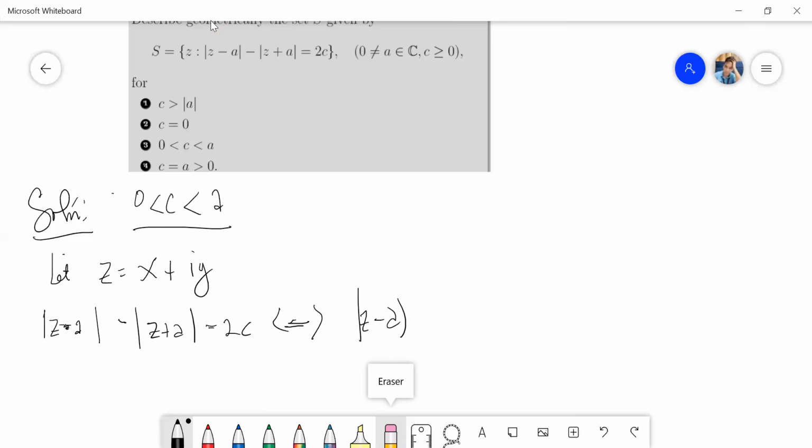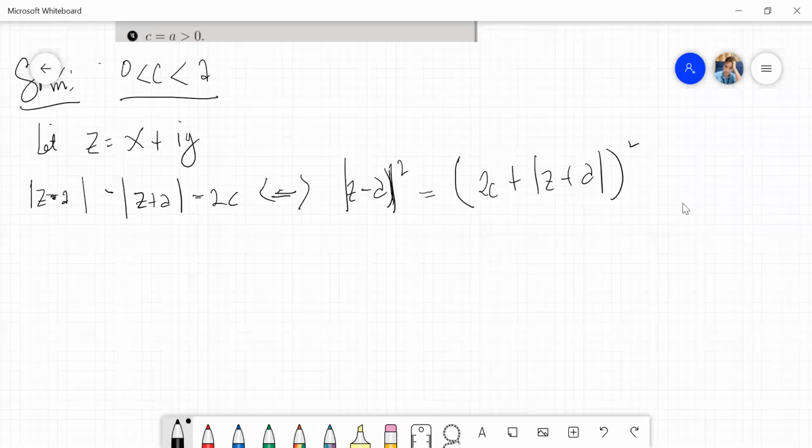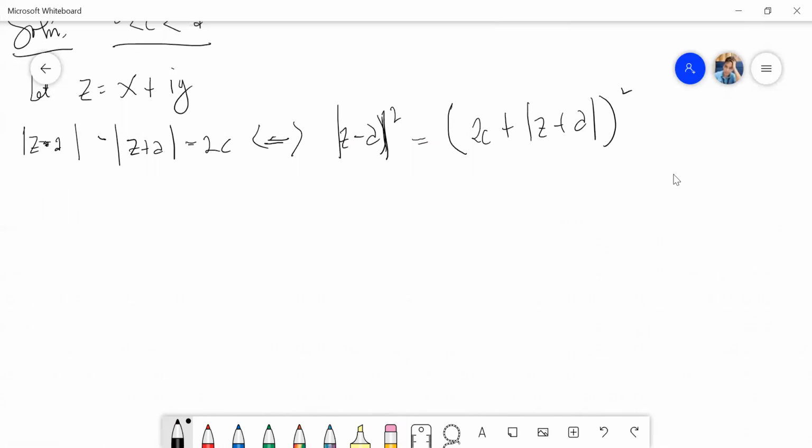the modulo of Z minus A. I'm going to transfer this to the other side, and I take the square of both sides. So I'd have 2C plus the modulo of Z plus A, squared, and I would get the modulo of Z minus A squared.